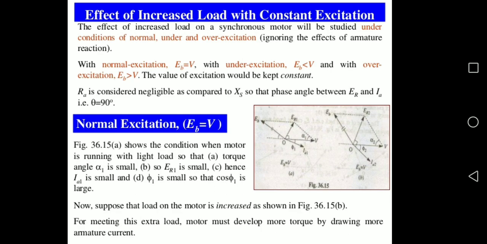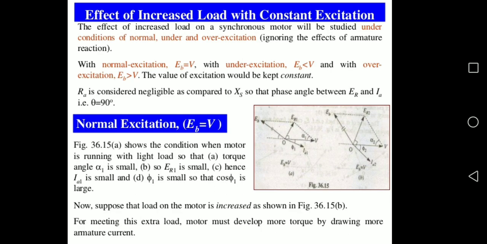See in the figure, R is considered negligible. The armature parameters are armature resistance Ra and armature reactance Xs, and the resultant EMF Er and Ia, with theta at 90 degrees.